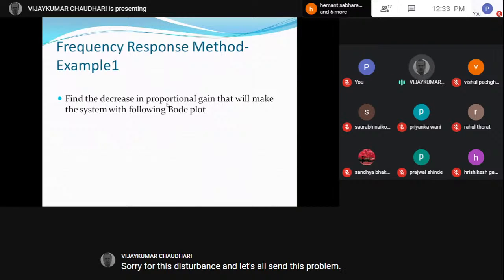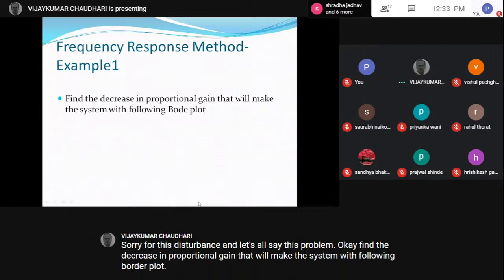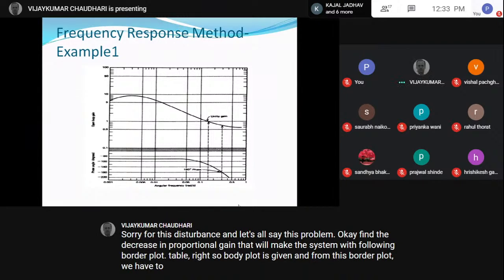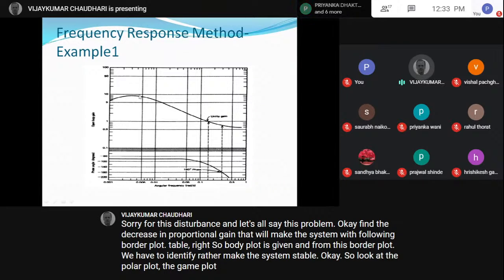Find the decrease in proportional gain that will make the system with the following Bode plot stable, right? So the Bode plot is given, and from this Bode plot we have to make the system stable. Look at the Bode plot. The gain plot is something like this.